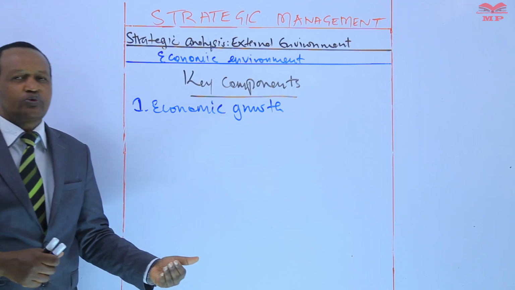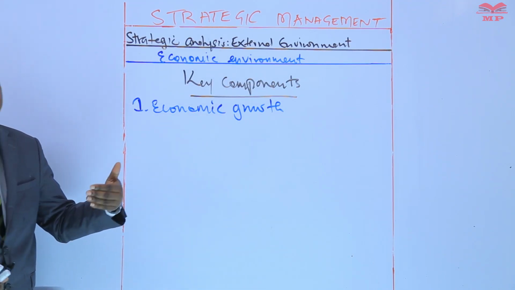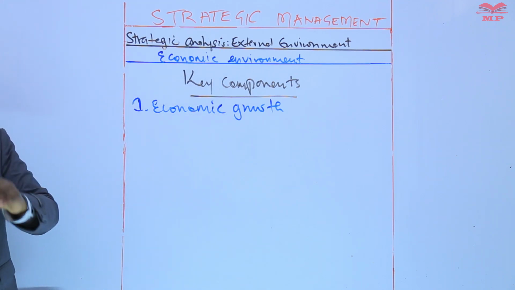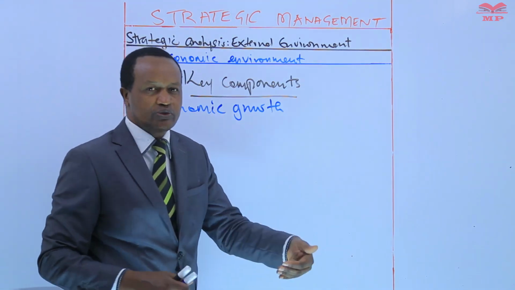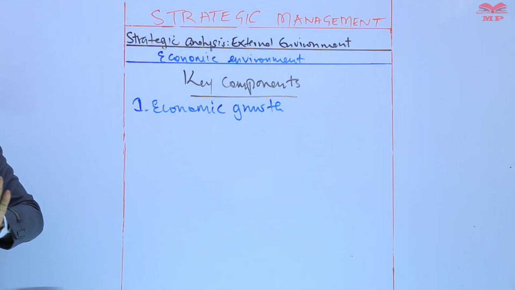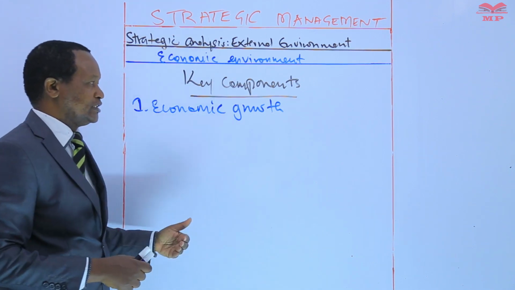Economic growth also influences investment levels and business confidence, such that high growth rates can present opportunities for expansion, while low or negative growth can signal economic downturns and challenges.